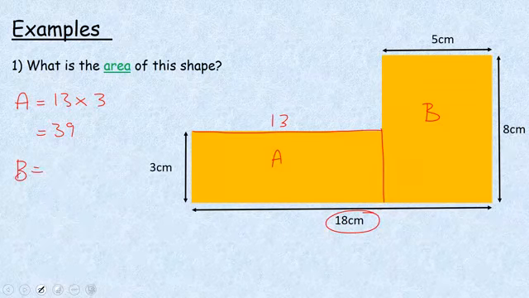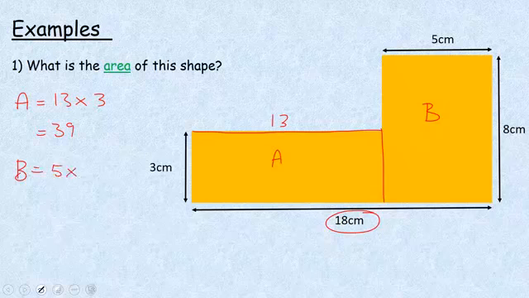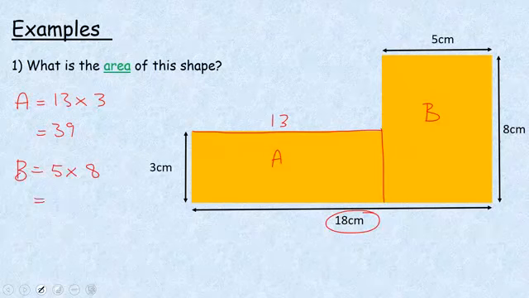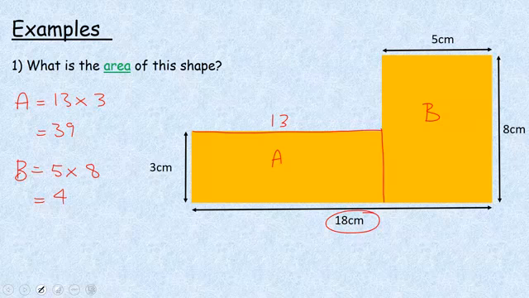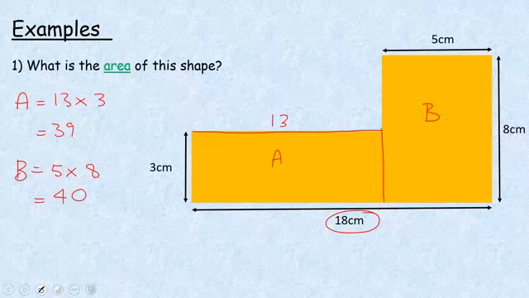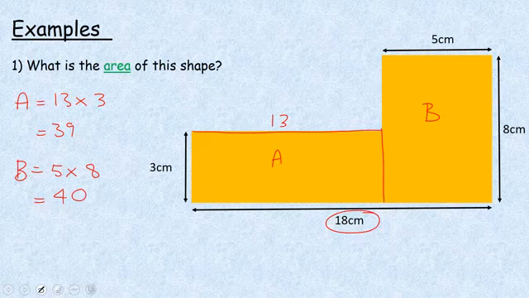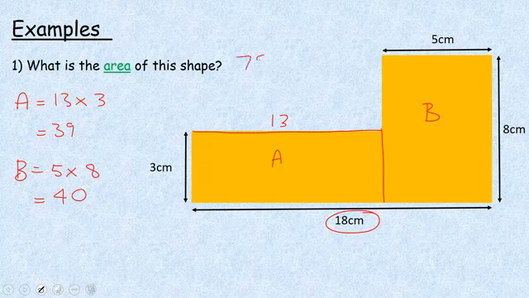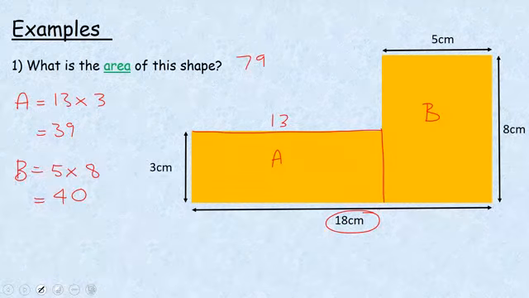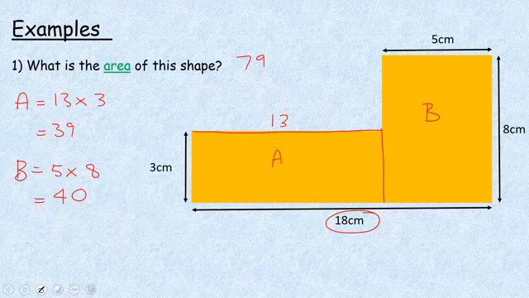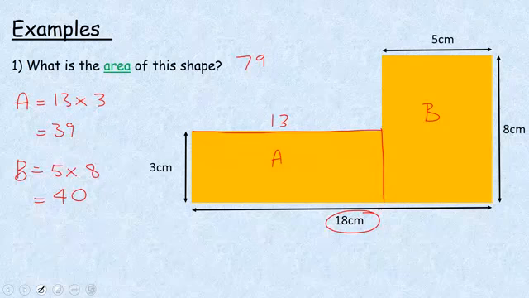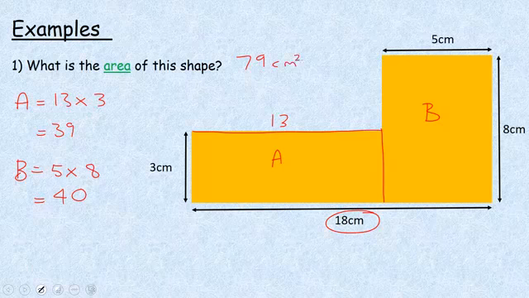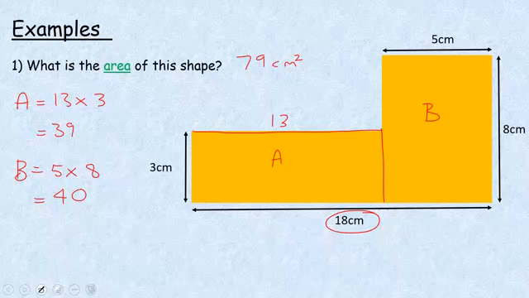So B is 5 multiplied by 8, which is going to give us 40. So our total area is 39 plus 40, which is 79. The lengths are given in centimeters, so our area must be centimeters squared.